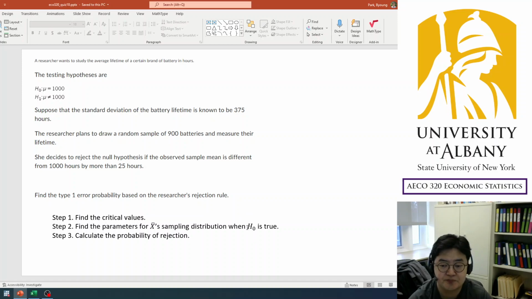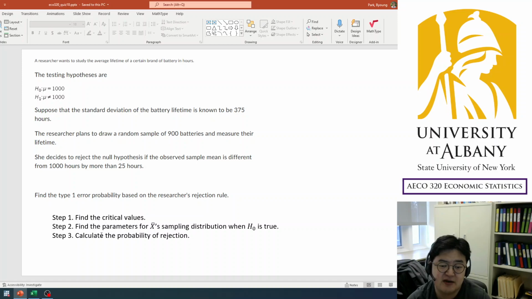That is because we are calculating type 1 error probability. So type 1 error happens when the null hypothesis is true, but you reject it. So anyhow, for the type 1 error to happen, the null hypothesis must be true. So we are assuming that.